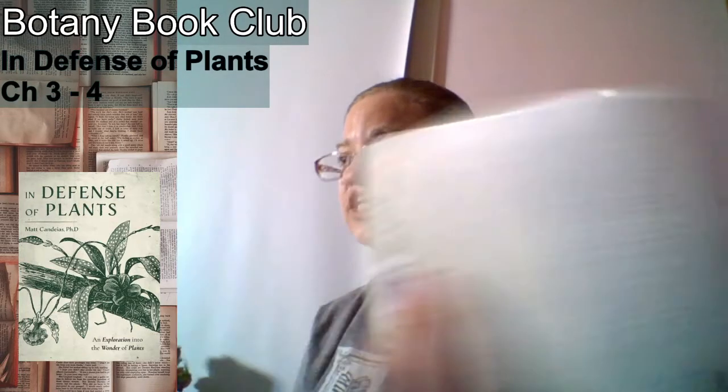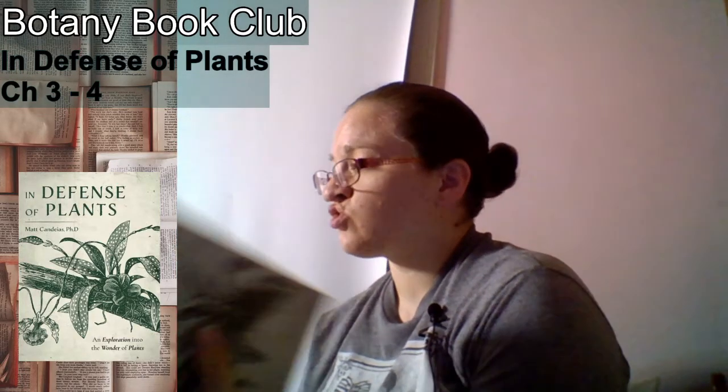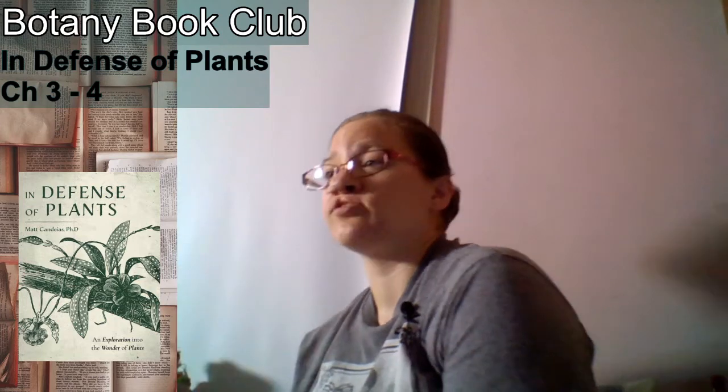Basically, for seed dispersal with this, it's either something ate the fruit or seed, and the seed managed to survive the digestive tract and got pooped out, so now it's sitting somewhere and has fertilizer.